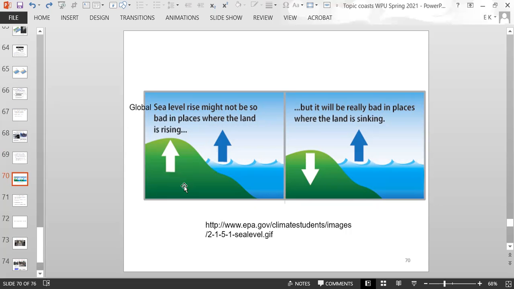And if one of them is negative, in this case, if the land is uplifting, you're getting a drop in relative sea level. So it counteracts the global sea level rise. But if we're in areas where land is sinking, then you add the global sea level rise with the relative sea level rise, and you get an increase.